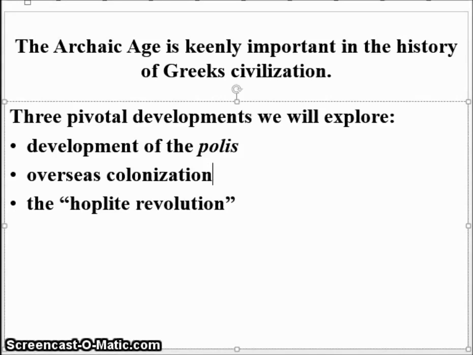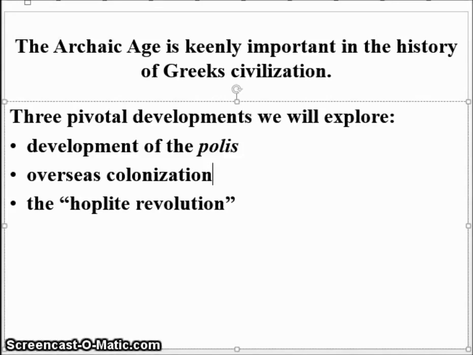And third and finally, in this unit, we'll take a look at the development of a way of warfare that will be uniquely Greek. I'm talking here about the creation of warriors known as hoplites, who will also be citizens of the city-states that will develop during this period. The hoplites will recognize that they have rights as citizens, but they also have responsibilities, and their key responsibility will be to defend the polis.